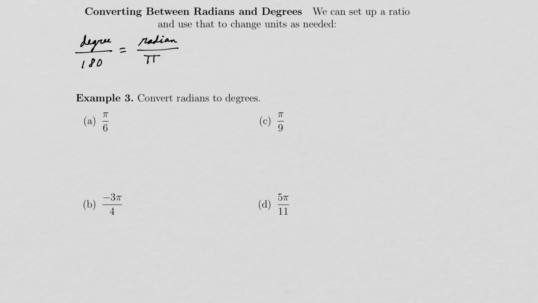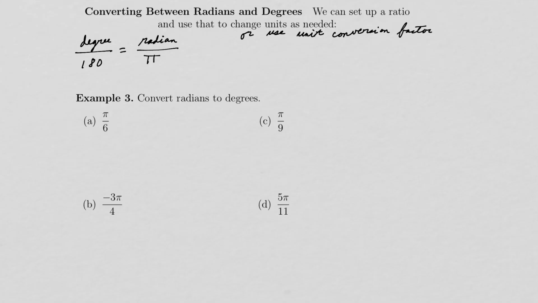Okay, so it's a proportion, right? But I think an easier way to do this is to use a unit conversion factor. And we just saw those, right?